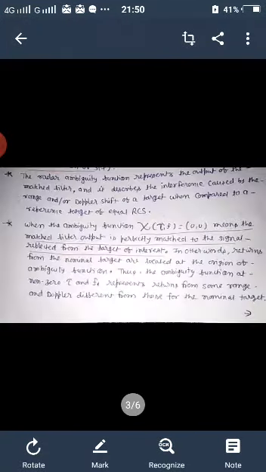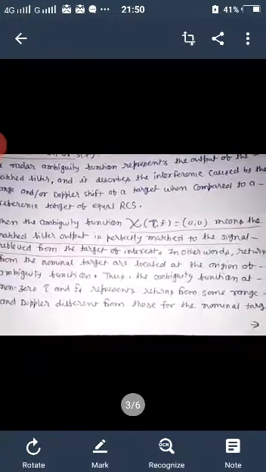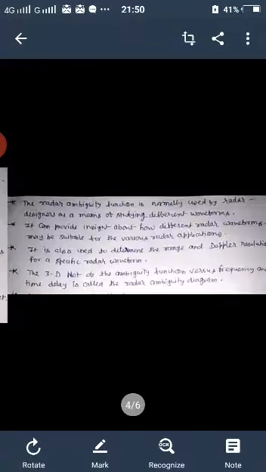In other words, returns from the nominal target are located at the origin of the ambiguity function. Thus, the ambiguity function at non-zero tau and f_d represents returns from some range and Doppler different from those of the nominal target.